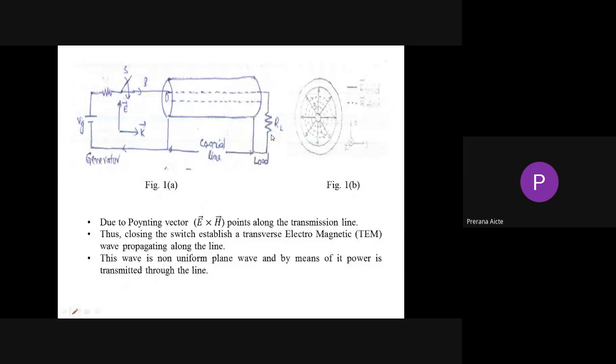So the electrical signals will pass from the generator to the load through the coaxial cable. While current passes through the inner conductor, the field must be produced in the coaxial cable like this. This is the center conductor, the inner conductor, and this is the outer conductor.